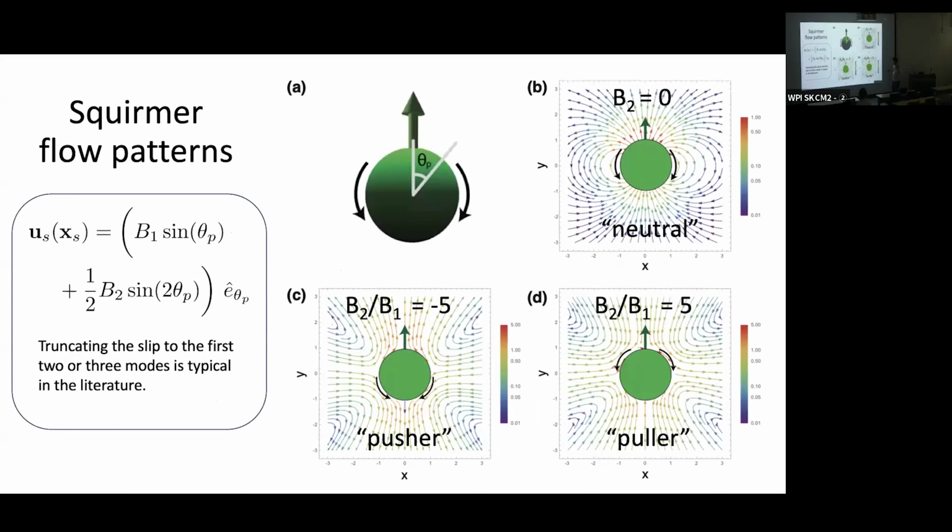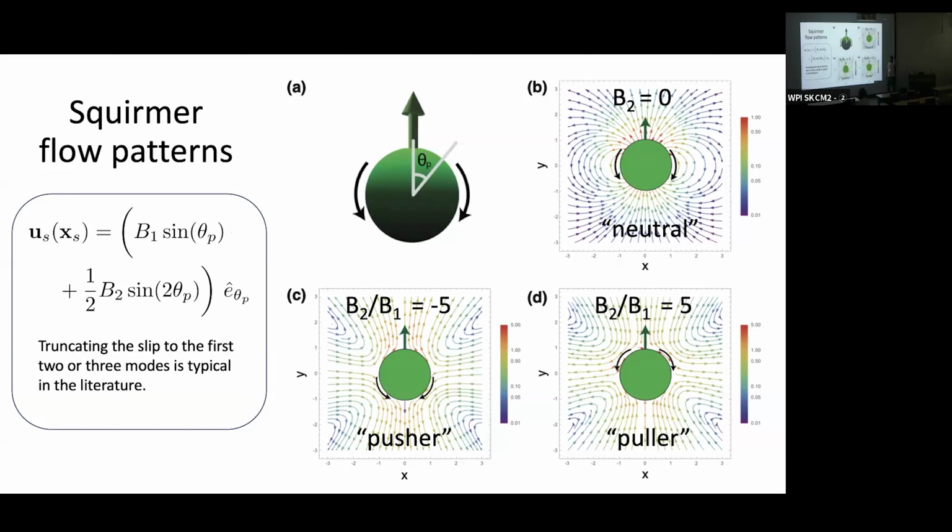And generally in this literature, people truncate the squirming modes to B1 and B2. Why? Because B1 gives you the velocity, B2 gives you the slowest decaying contribution to the flow. So let's just forget about the rest. And these are characteristically what you get for different ratios of B2 and B1.